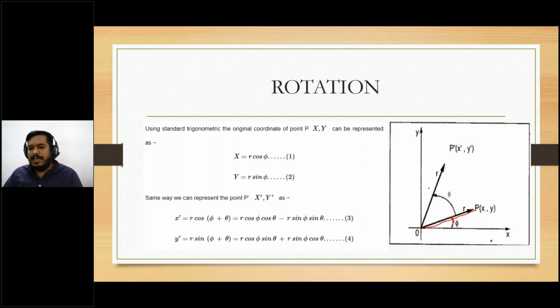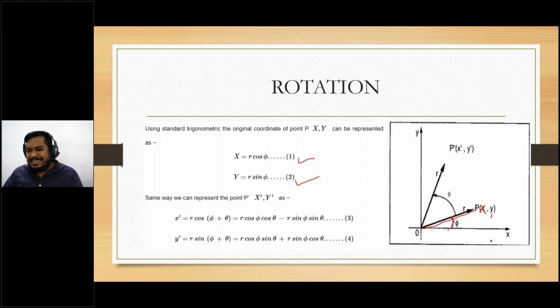Then what should be the expression for the x coordinate? It should be straightforward: x equal to r cos phi. And for the y coordinate, y equal to r sin phi. That will be numbered as equation 1, and that will be numbered as equation 2.